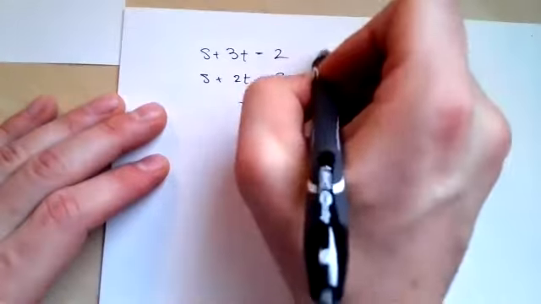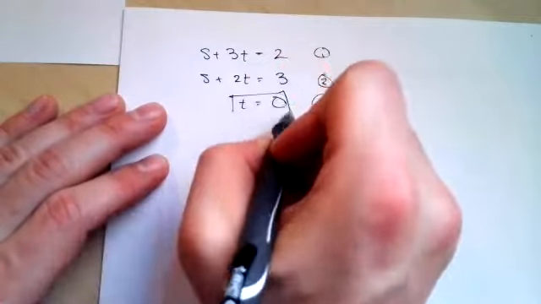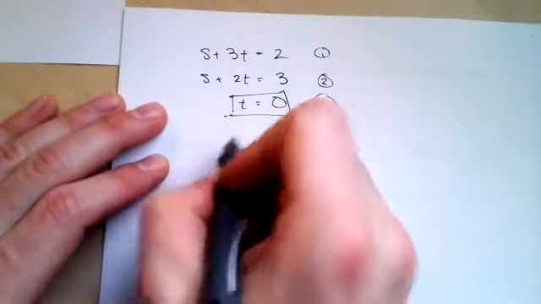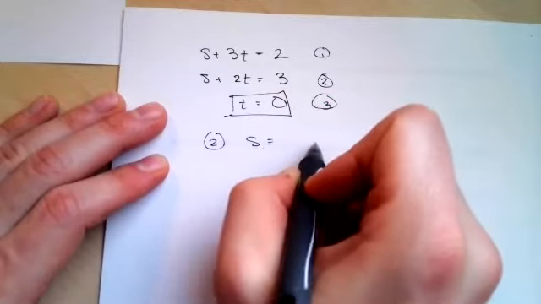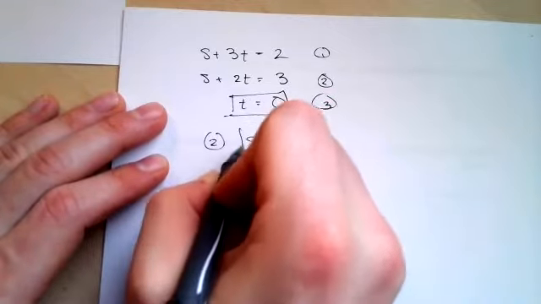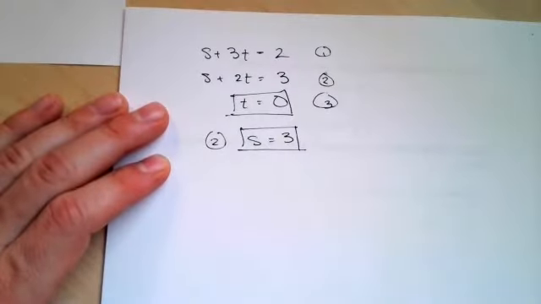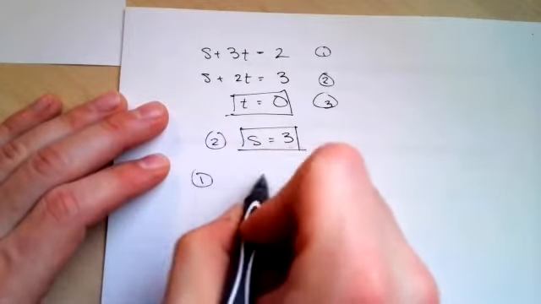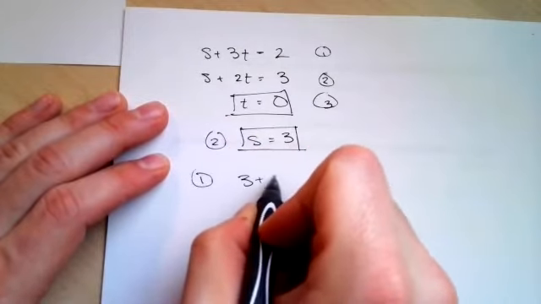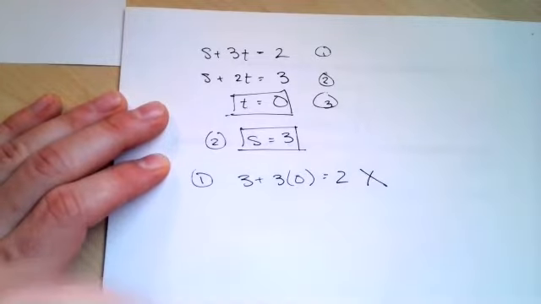So of course, the bottom equation being solved is easy enough. That will tell us that S should be 3 from the second equation. And then we want to check to make sure we are consistent with our first equation. And we are not.